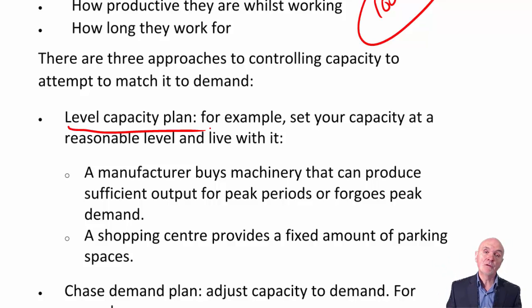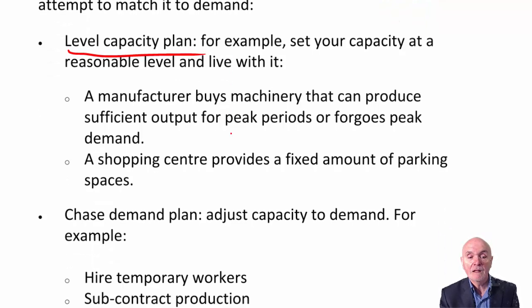You have to get your 200 somewhere else. You just say it's going to be cheaper for me to turn down some demand than to try to increase my capacity, maybe buy an extra machine, which a lot of the time is never going to be used, and then we're going to have employees idle and so on. So that's a level capacity plan.